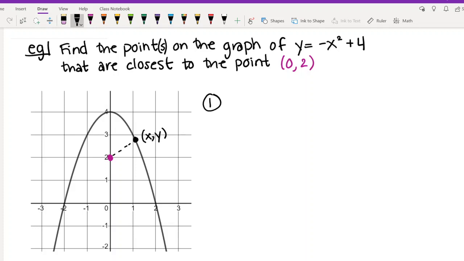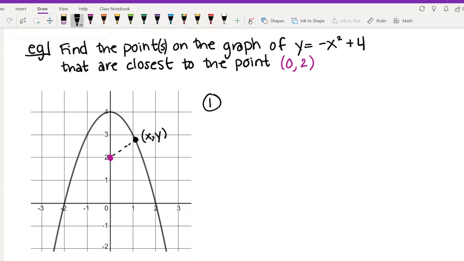So what kind of thing are we trying to minimize or maximize here? We're talking about distances, right? And because we're looking for the point or points that are closest, that tells us that we're trying to minimize the distance.